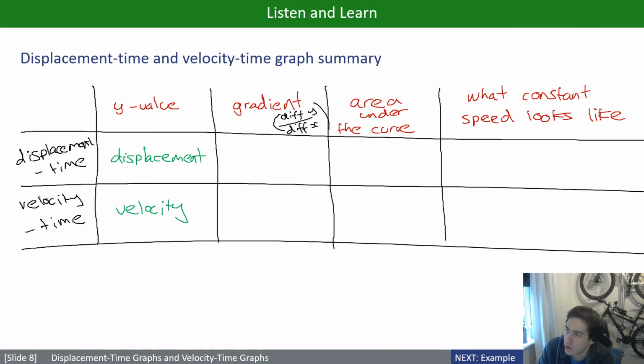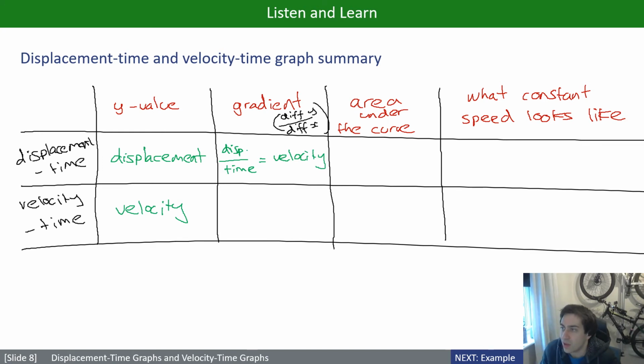Okay. So what is the y value? It's displacement. What is the x value? It's time. So it's displacement over time, right? So in this case, it's displacement over time. And what is that? It's velocity. Okay, so the gradient of a displacement time graph tells you the velocity of an object.